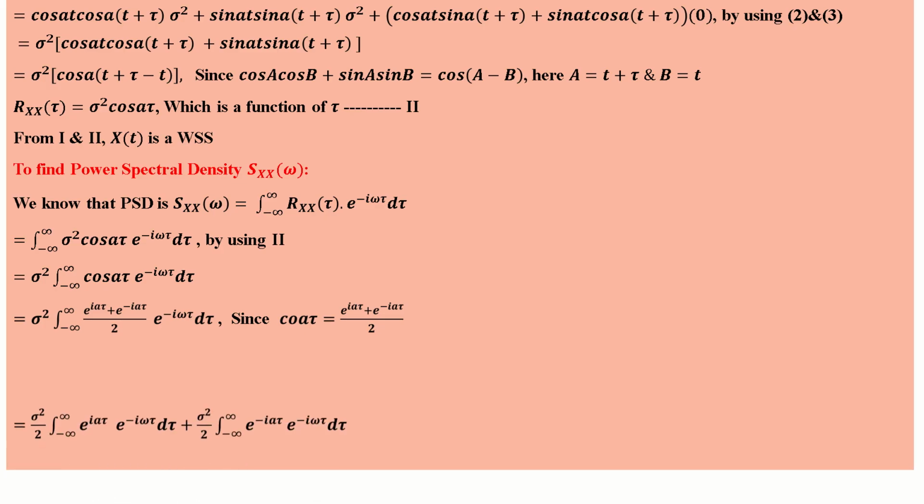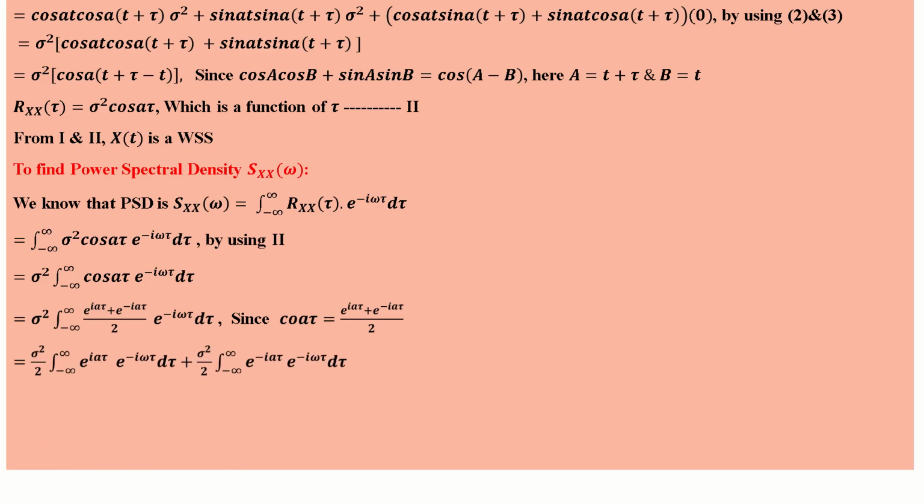Next, in the integral, σ²/2 is a constant, so take it outside the integral. σ²/2 integral from −∞ to +∞ of e^(iατ) e^(−iωτ). We are separating the integral in two, plus the second integral, σ²/2 integral from −∞ to +∞ of e^(−iατ) e^(−iωτ) dτ.